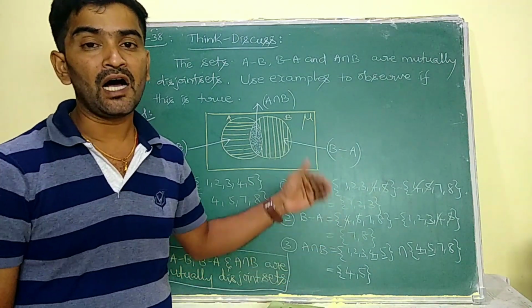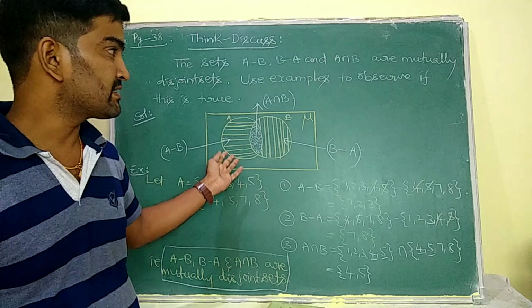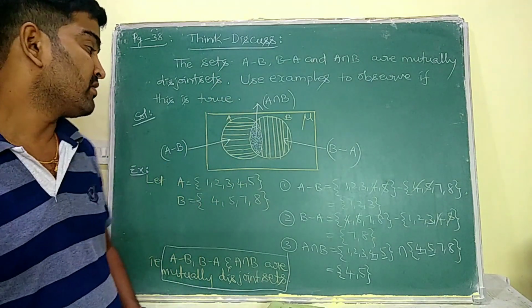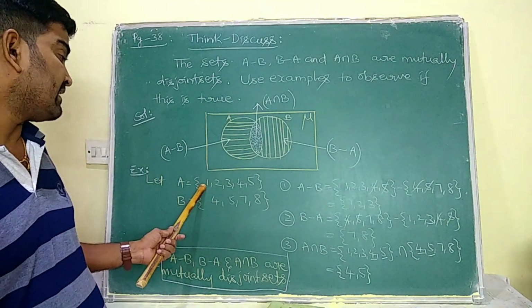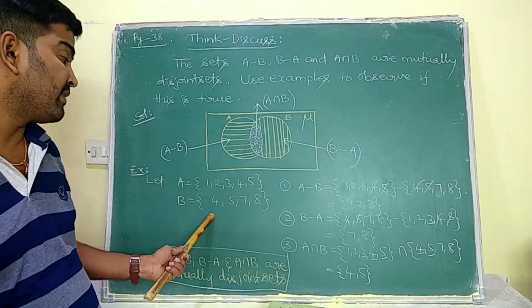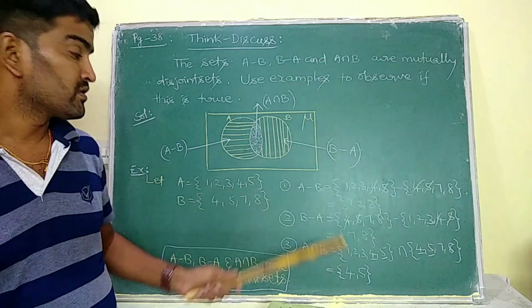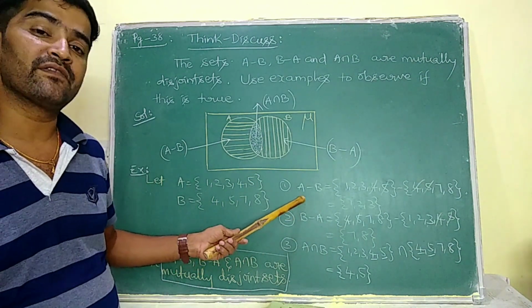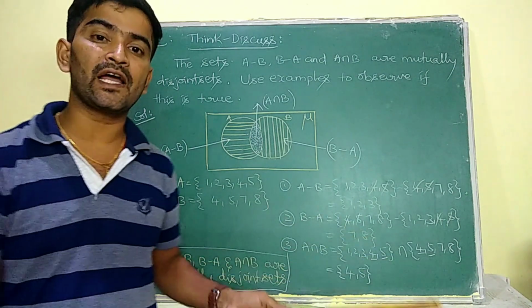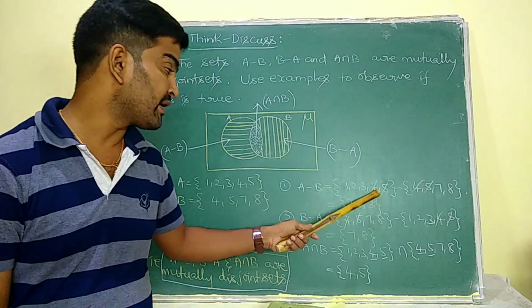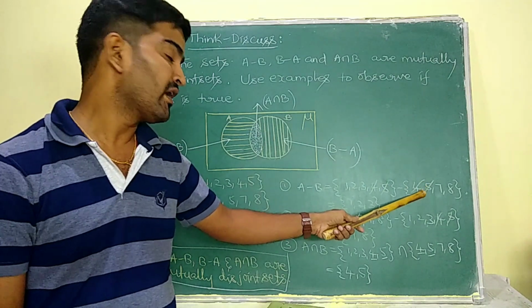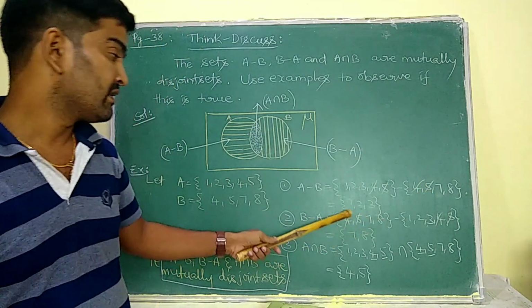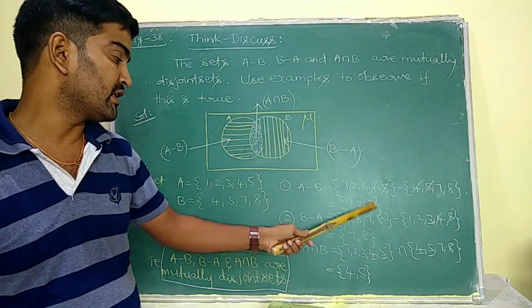That will be observed by just discussing it with an example. So for that I am taking set A as 1, 2, 3, 4, 5 and set B as 4, 5, 7, 8. A minus B means only the elements in A. So I am removing the common elements of A and B, 4, 5. Then A minus B is 1, 2, 3.